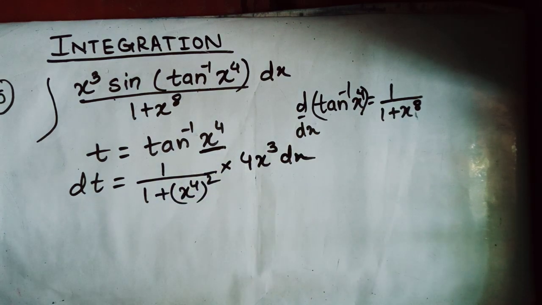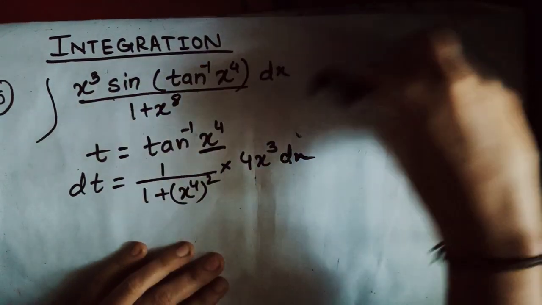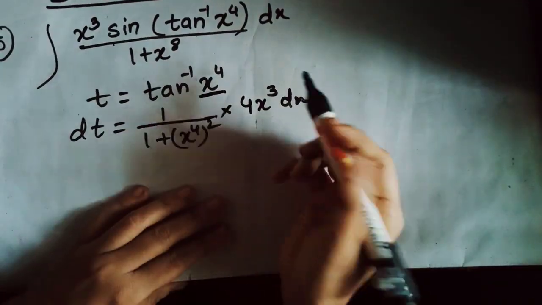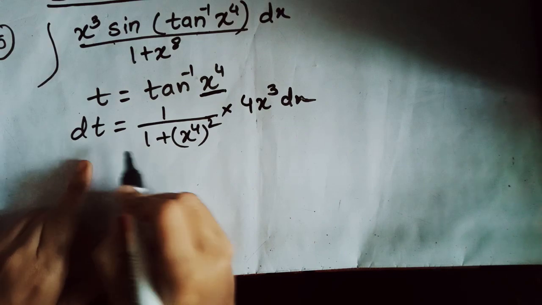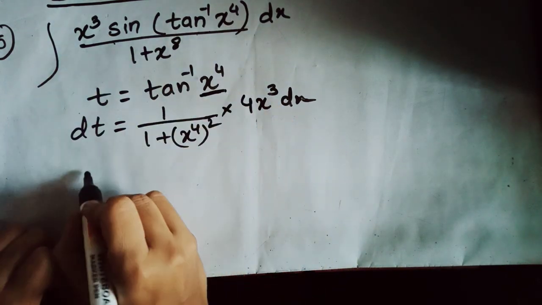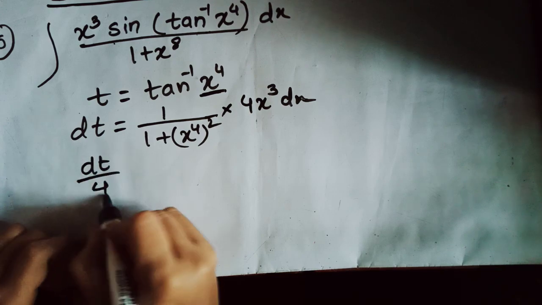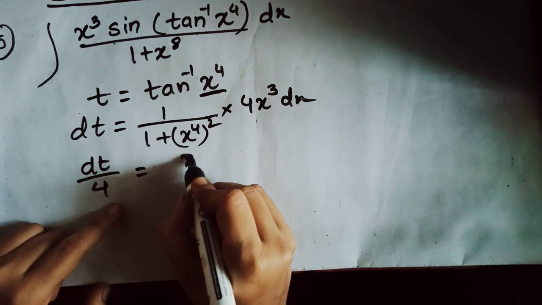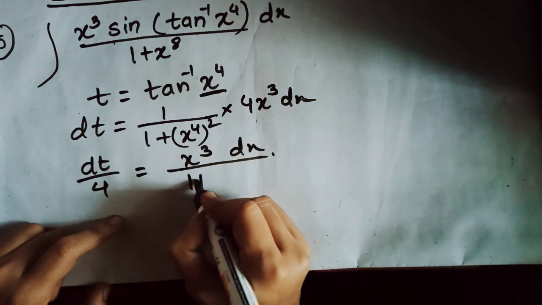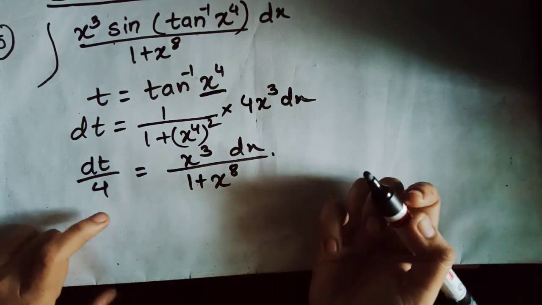So you take the 4 to that side because we don't need 4 here. So dt by 4 equals x cube dx upon 1 plus x raised to 8.